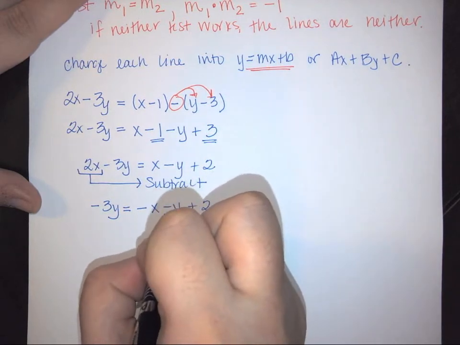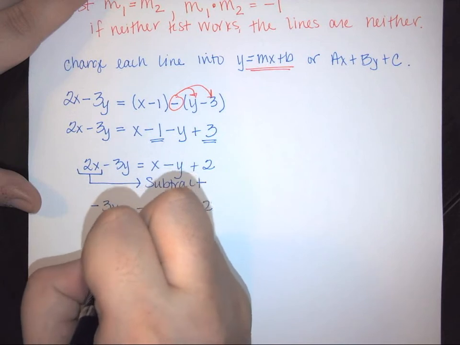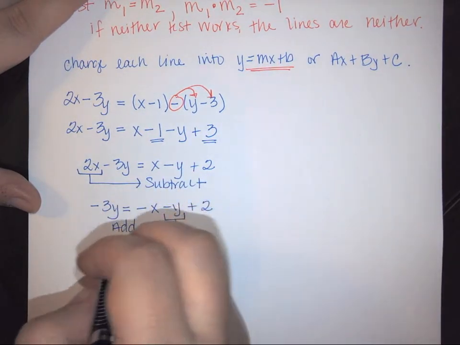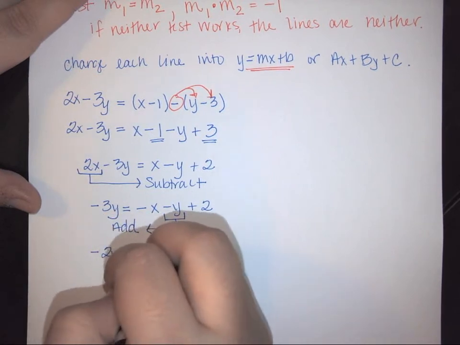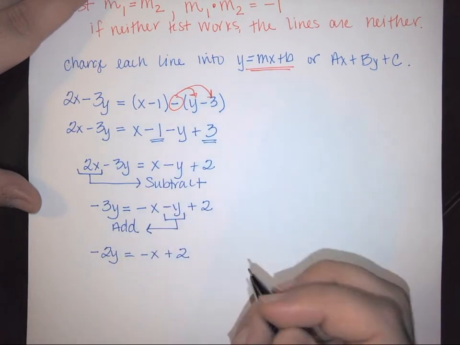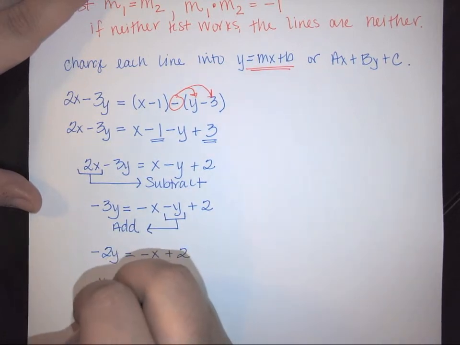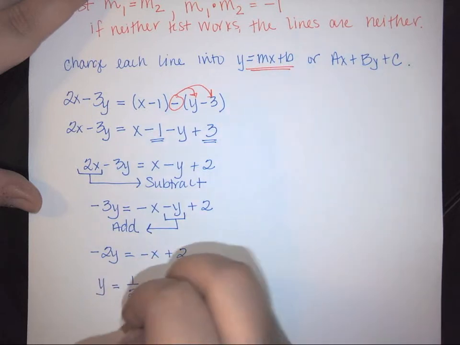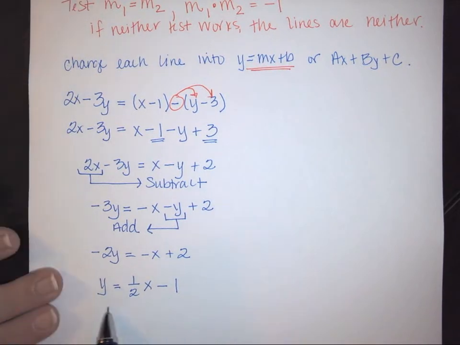I'm then going to take my y and shift it. Since it's negative, this says I have to add. So negative 3 plus 1 gives me a negative 2y is equal to negative x plus 2. Then divide everything by negative 2. So y is going to be 1/2 x minus 1. So this is my first equation.